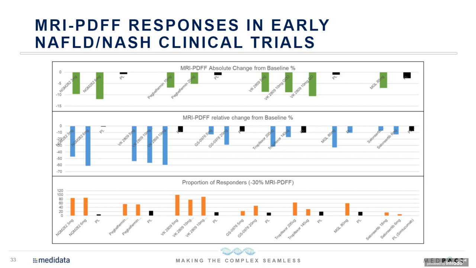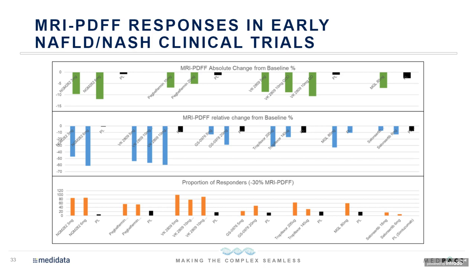On this slide here, you can see a sample of published PDFF results from a number of relatively recent NAFLD trials. As you can see, whether looking at mean relative or absolute change from baseline on the top two panels, or a proportion of PDFF responders defined as a certain minimum threshold on the bottom panel, the MRI PDFF shows pretty nice responsiveness with compounds from different classes, be it FGF21, FXR agonists, ACC inhibitors, or thyroid hormone agonists.